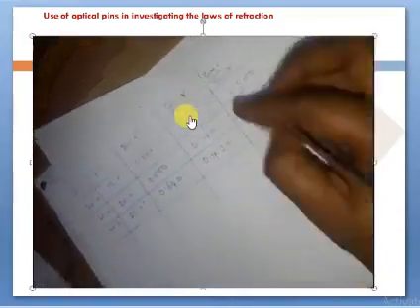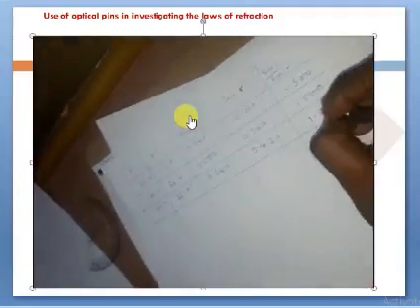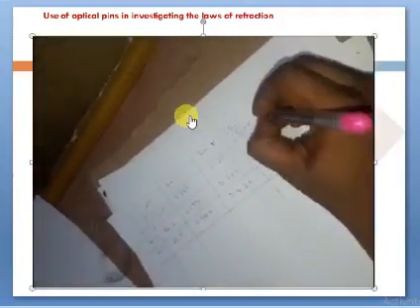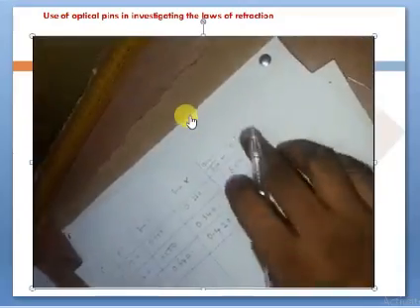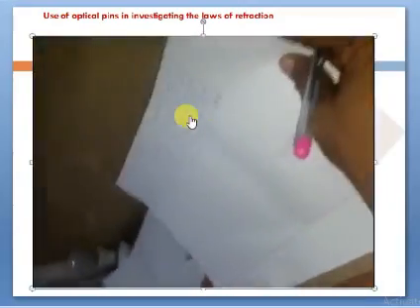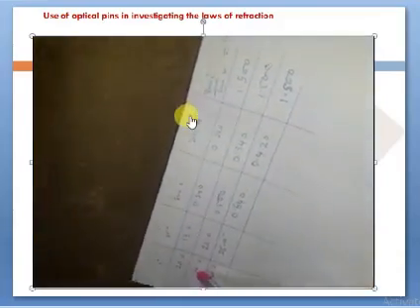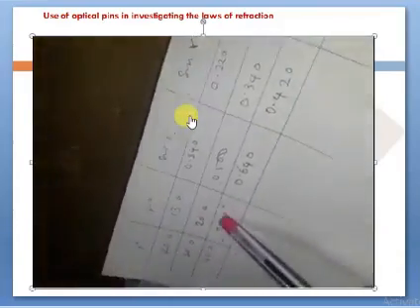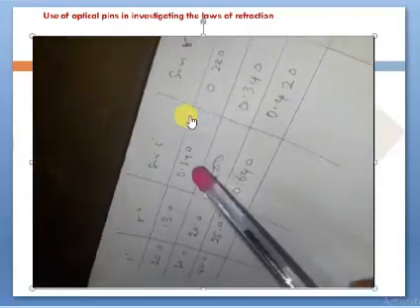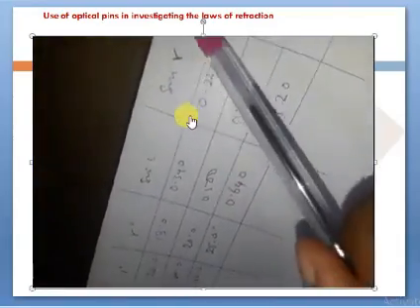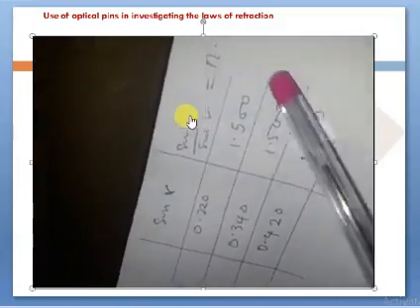You take your readings. Now, we are going to do sine i over sine r in each of them. Now when you do sine i over sine r, for angle of 20, you have 1.5.